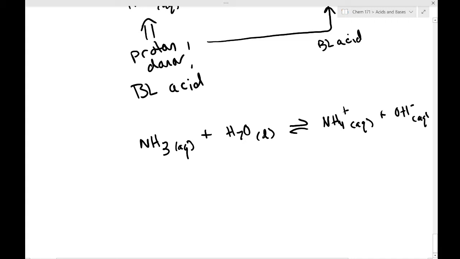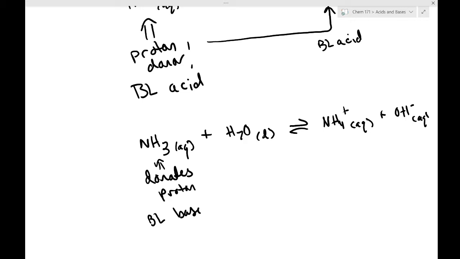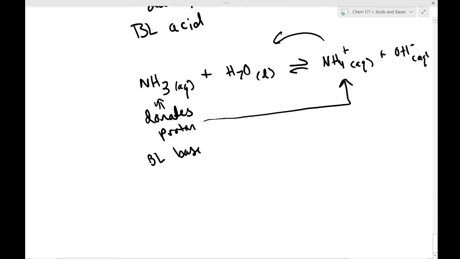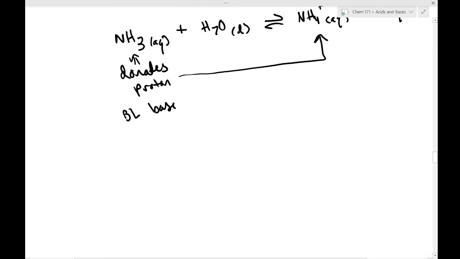Okay, now this is the thing that accepts the proton, so it is a Bronsted-Lowry base. If we're going back towards the left rather than towards the right, we find that ammonium is also a Bronsted-Lowry base, because if you go back this direction, it's also the one that's donating the proton. Okay, so you have Bronsted-Lowry acid-base pairs. We'll get back to that in a little bit.